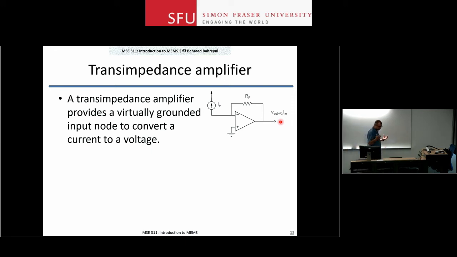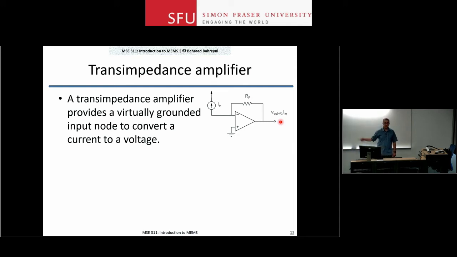The voltage at the output is RF times the input current. Very easy to convert a current into a voltage, again, with a footnote. Notice in here that the current that comes from your sensor goes through the amplifier and shows up at the output of the amplifier.